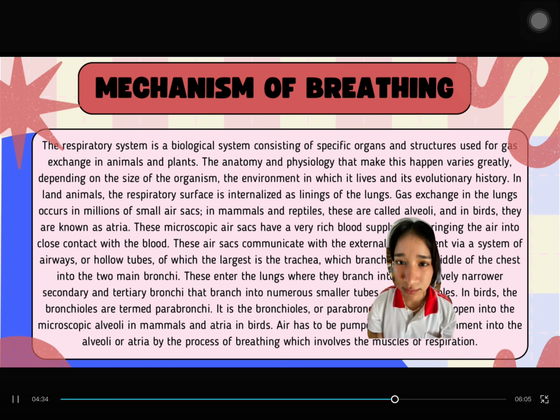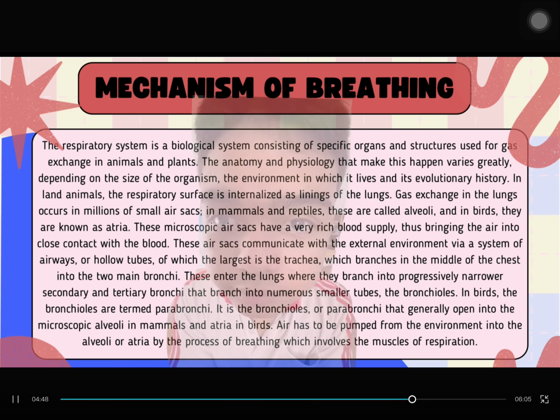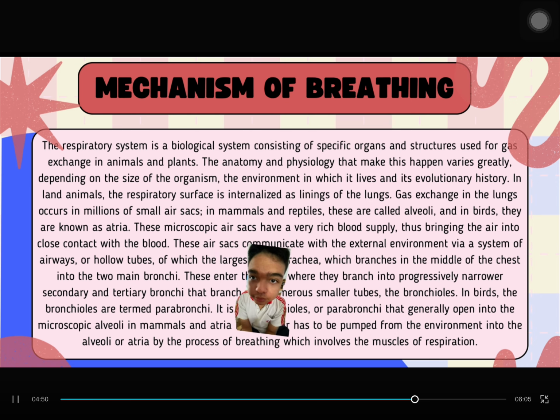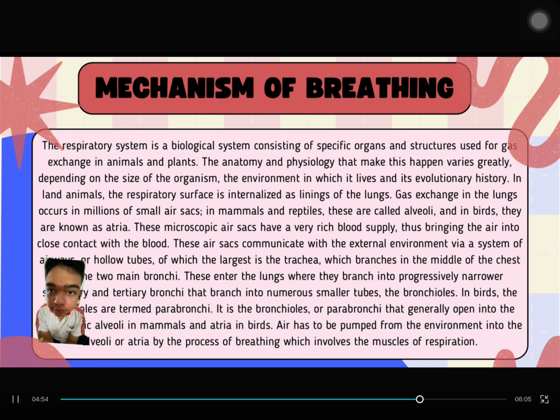These microscopic air sacs have a very rich blood supply, thus bringing the air into close contact with the blood. These air sacs communicate with the external environment via a system of airways or hollow tubes, of which the largest is the trachea.